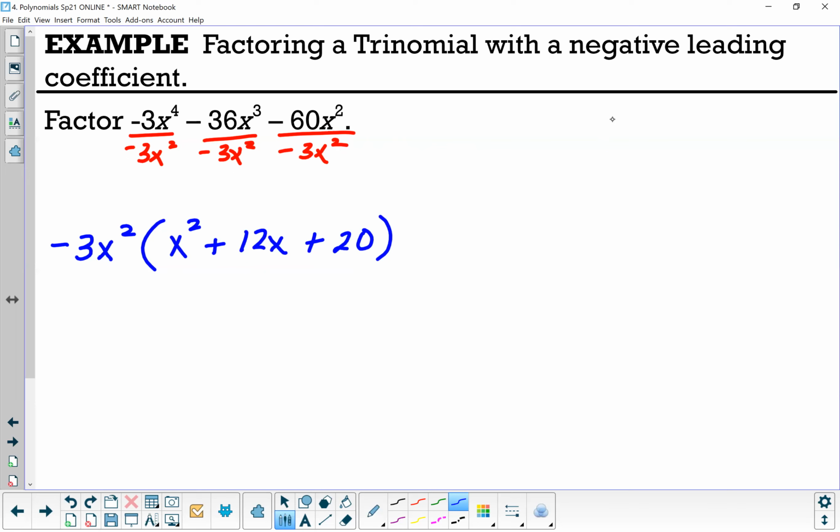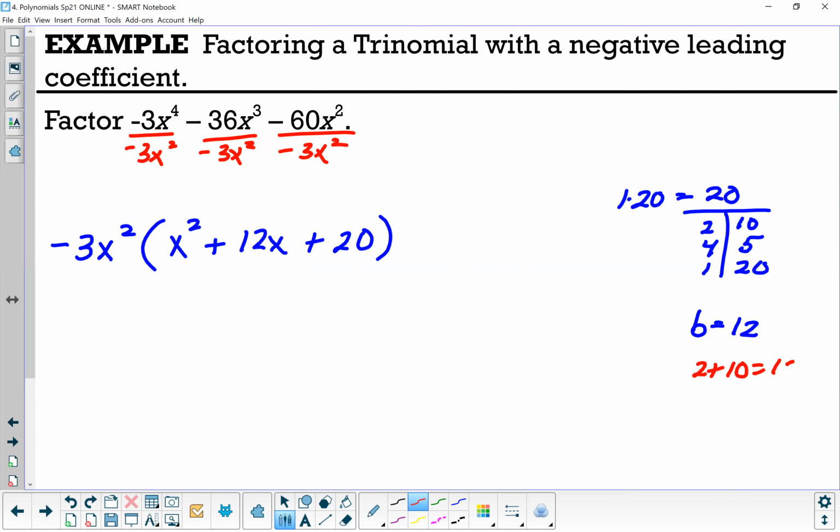So let's look at the AC method. So A is 1 and C is 20. So 1 times 20 gives us 20. Remember, your B is 12. So you're multiplying to 20 and you're adding to 12. So let's do 2 and 10. That looks like that's going to work. If you try some others like 4 and 5, you see that's not going to work. 1 and 20 would not work. 2 plus 10 gives us 12.